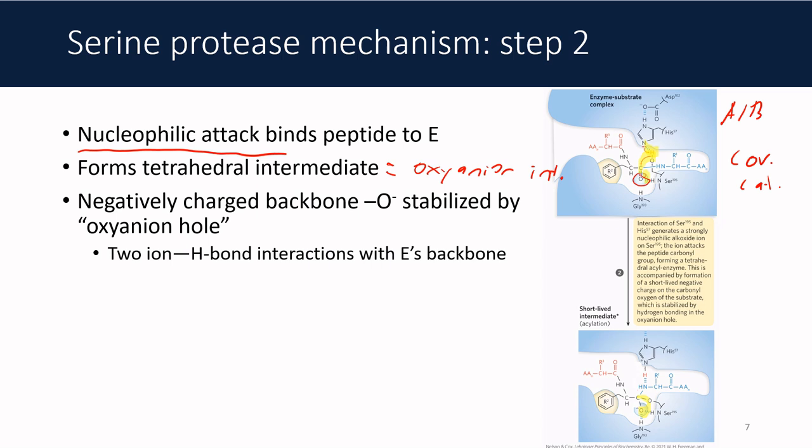Now, nature is very smart. This oxyanion intermediate is hard to form because it's high energy. We're separating charge here. So to stabilize the oxyanion intermediate and make it easier to form, we're going to have a special pocket on the opposite side of our catalytic triad. And this is called the oxyanion hole.